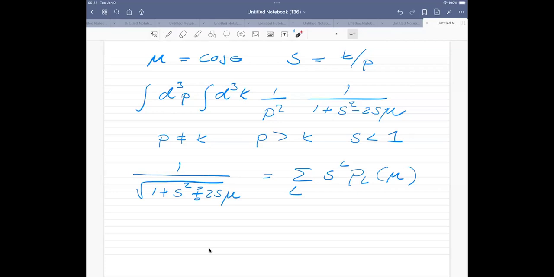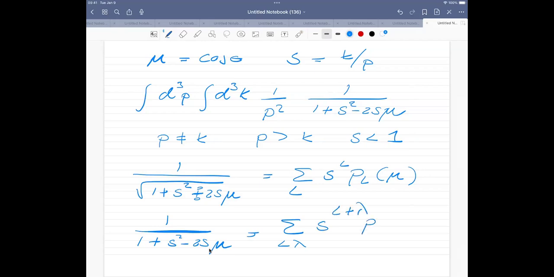So if we square that quantity, what we get then is 1 plus s squared minus 2 times s times mu, which is then simply going to be a double sum, which I just call L and lambda. And then I have s to the power of L plus lambda and P_L of mu, P_lambda of mu.